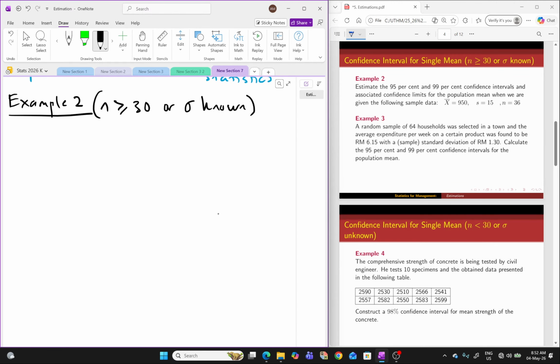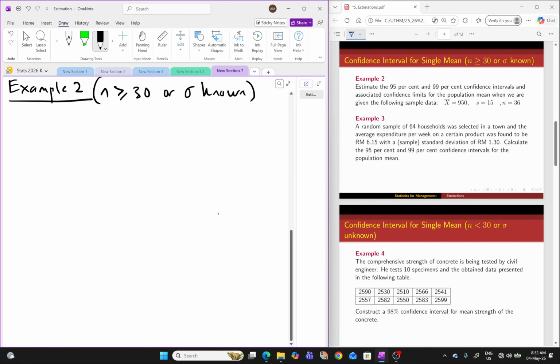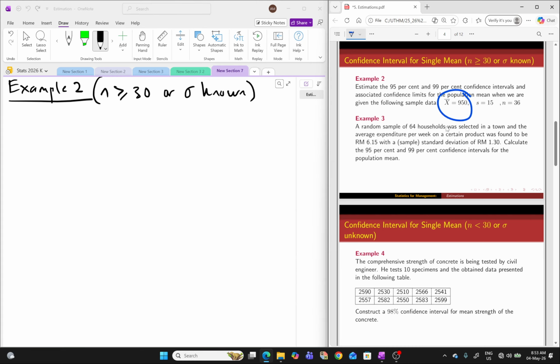For you to do example 2 here, or for you to find the estimation, you have to make sure that we are going to consider the cases where sample size is more or equal to 30, or standard deviation of population is known.